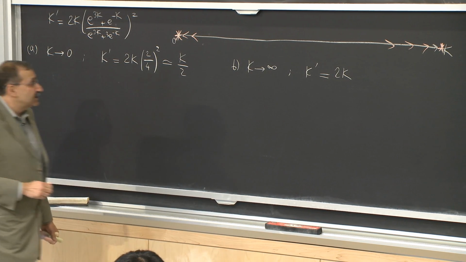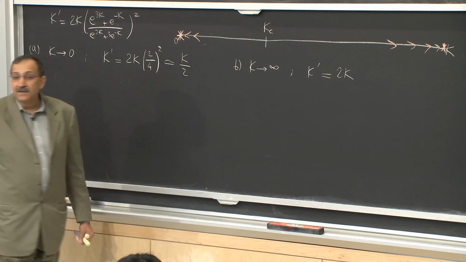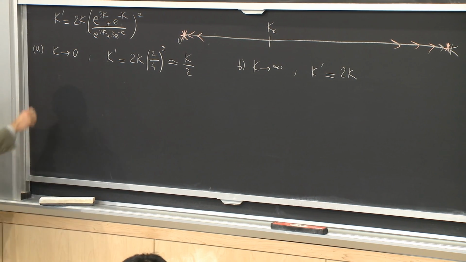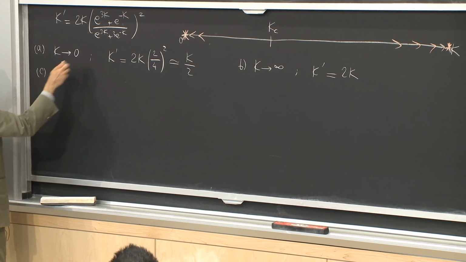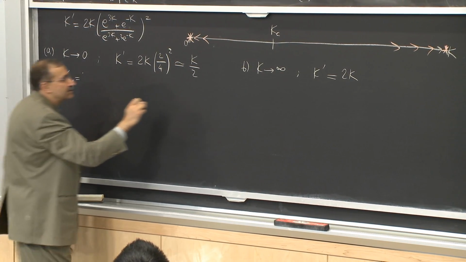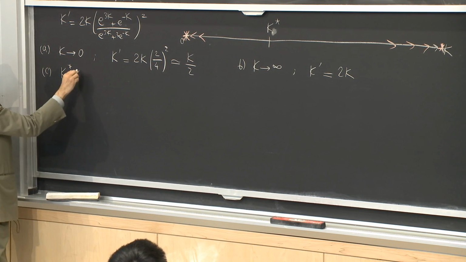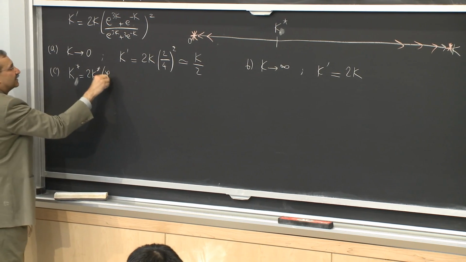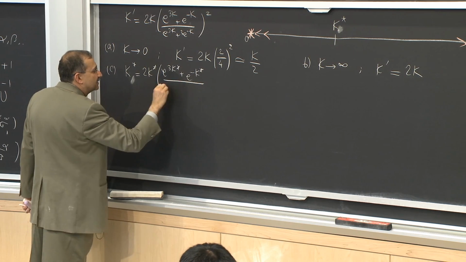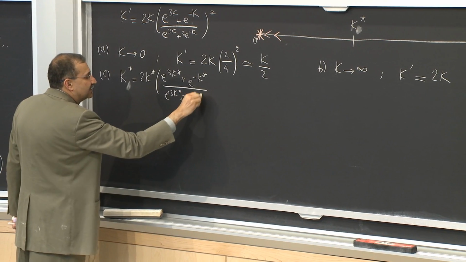So we can very well guess that there should be some point in between that separates these two types of flows. And that is going to be the point where I would have Kc, or I call it K star in the notes, so let's call it K star. So K star is 2K star e to the 3K star plus e to the minus K star, over e to the 3K star plus 3e to the minus K star, squared.